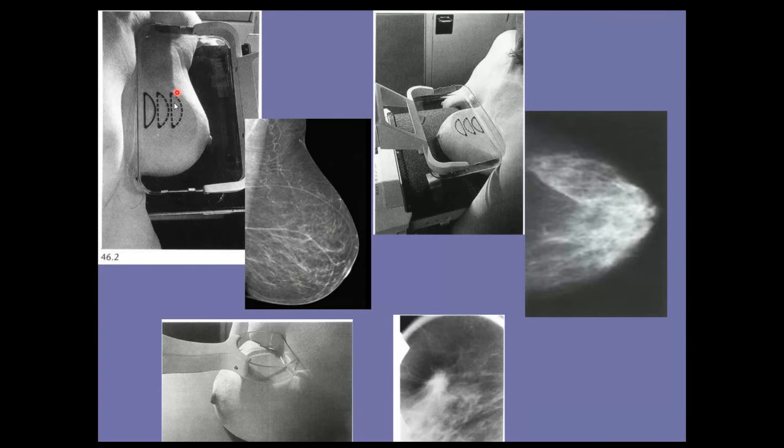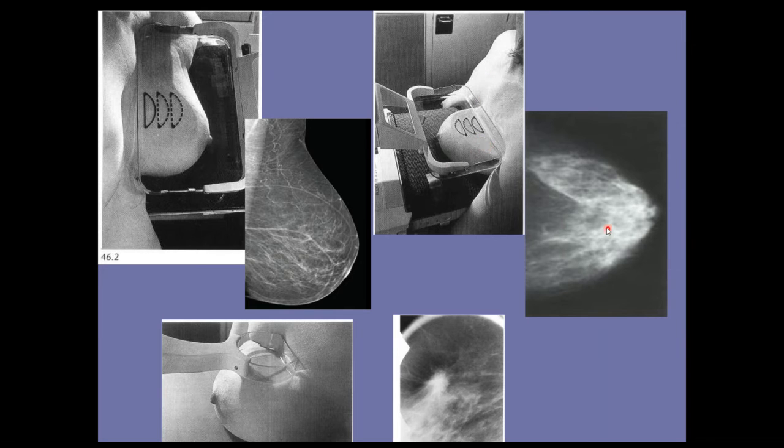So on lateral view, we can only confirm that the mass is in the upper quadrant or lower quadrant. If you see this image, we draw a line perpendicular or parallel to the orientation of the breast, the chest wall, and if the mass is above, we can say upper quadrant, or lower quadrant if below. Now here we are seeing the mass from above.